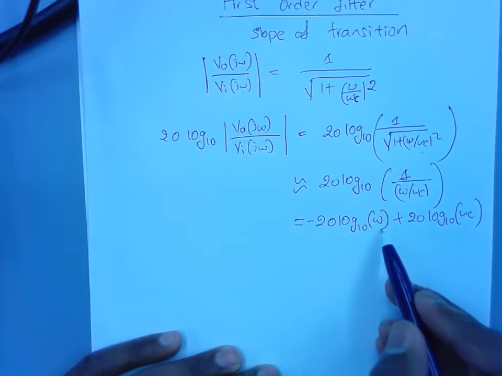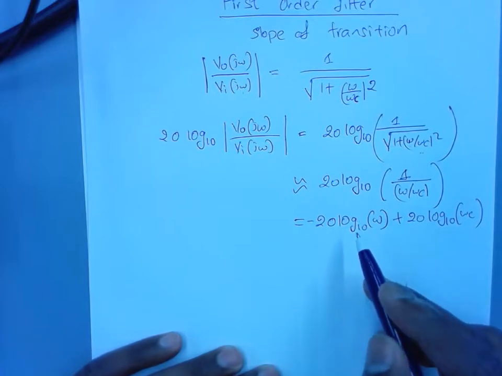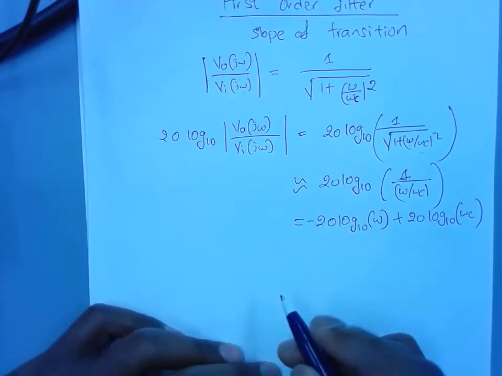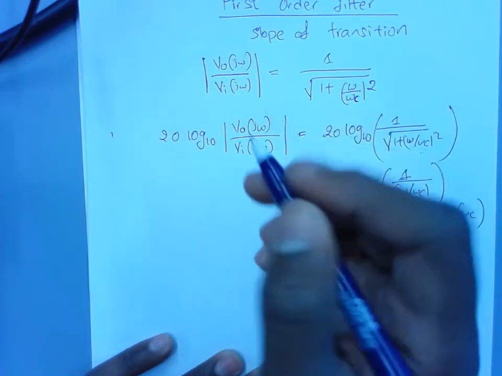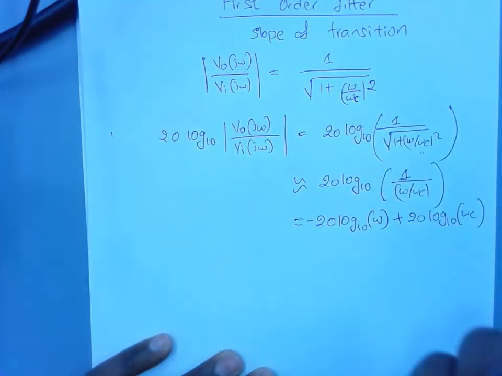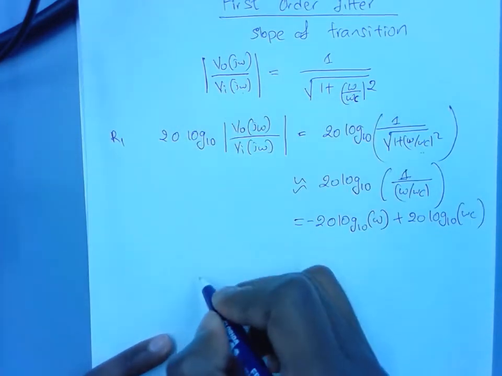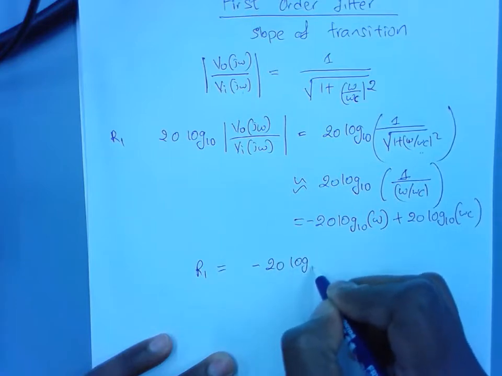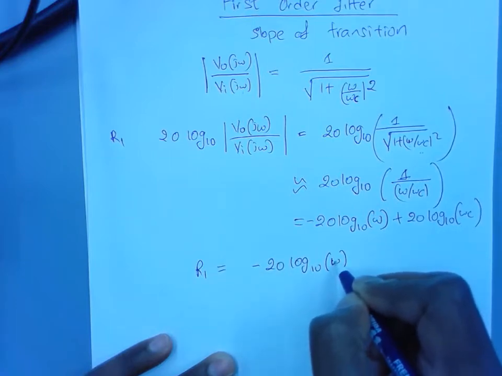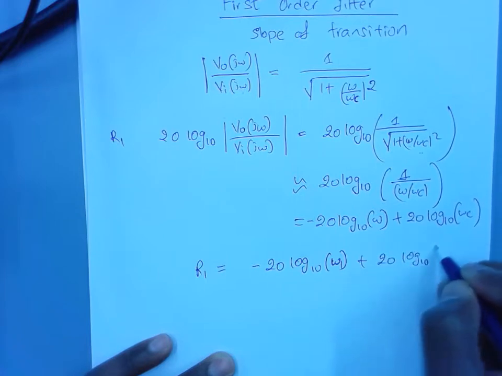So when omega changes by 10, right, then log 10 of delta omega, let's say, okay, so let's say R1 is negative 20 log to the base 10 omega 1 plus 20 log to the base 10 omega c.